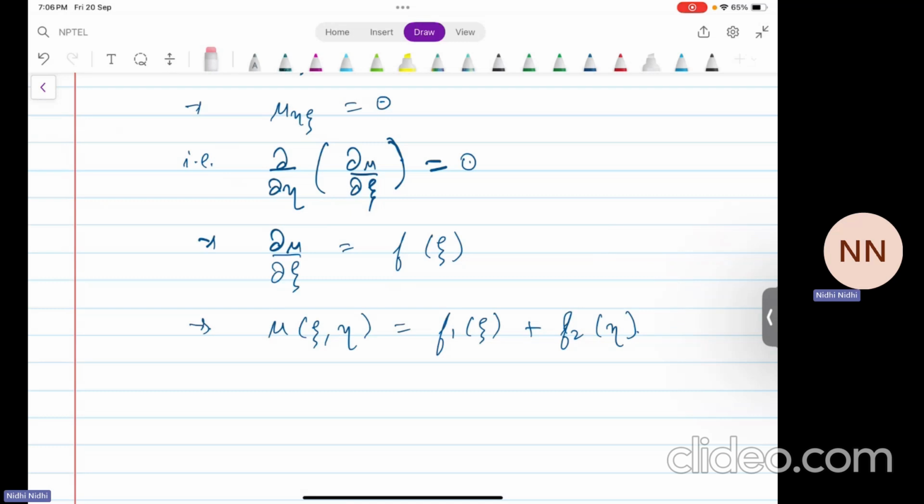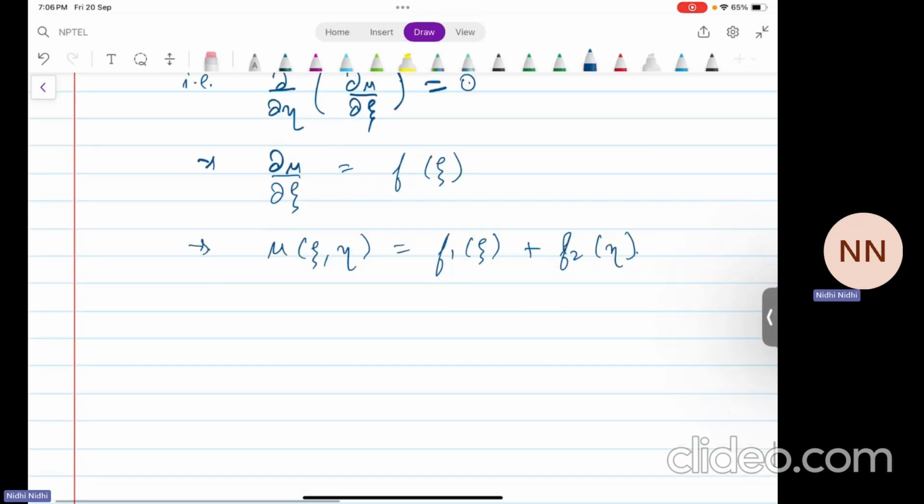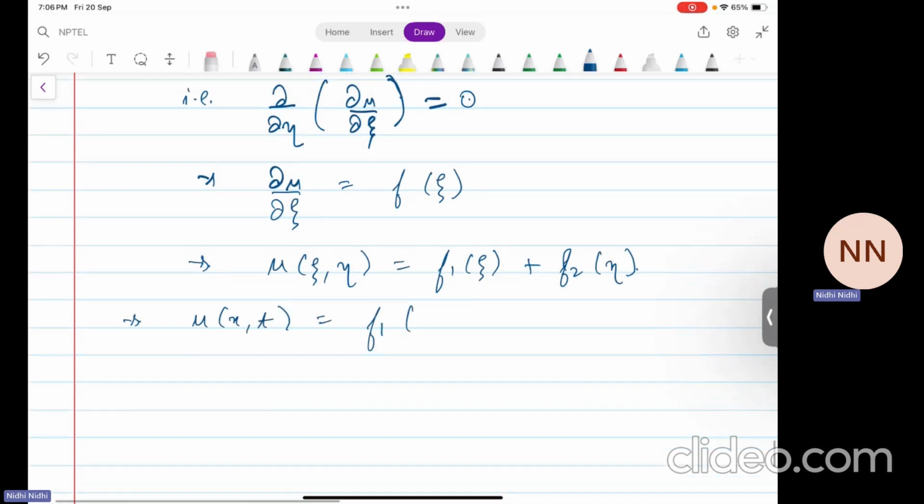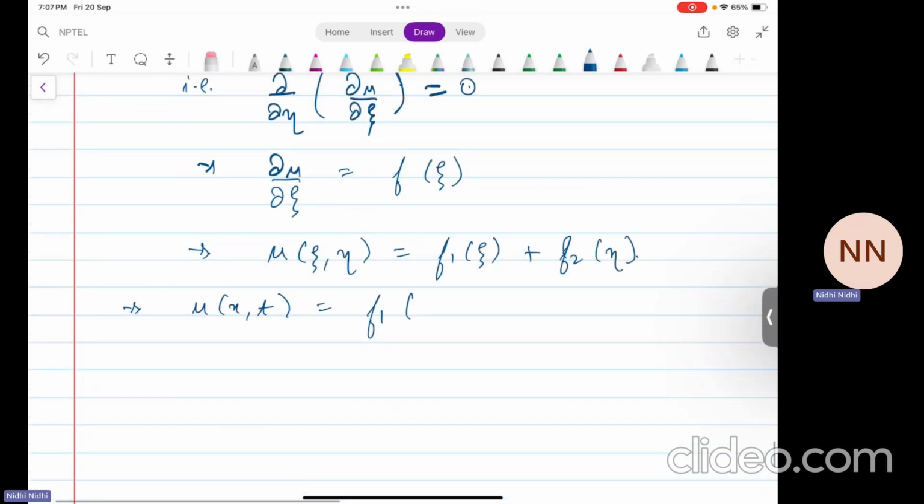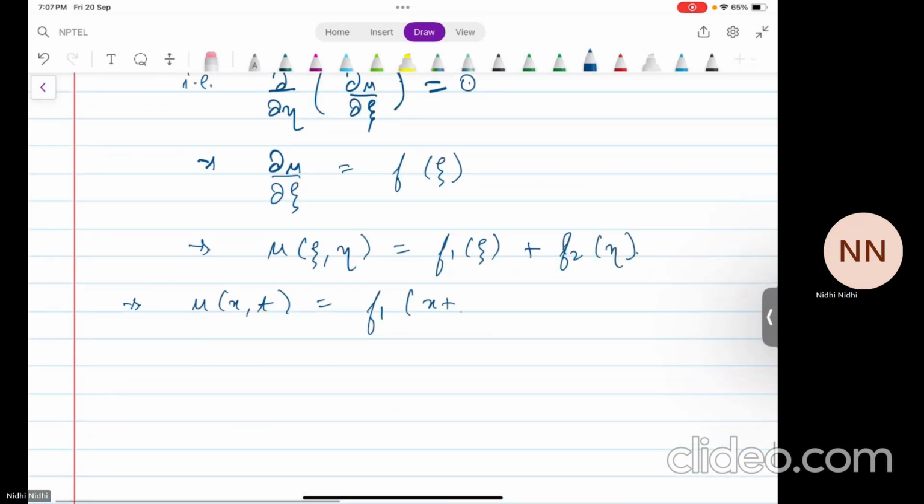So now replacing zeta and eta with x and t, this gives us u x t is equal to f1 x plus ct plus f2 x minus ct.